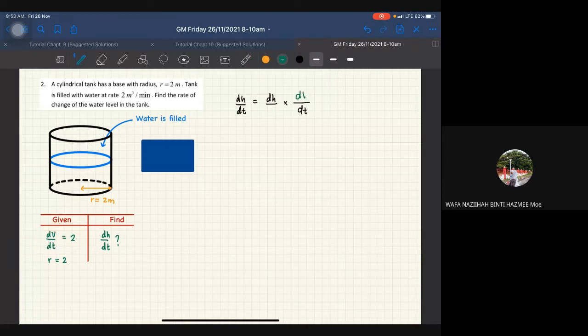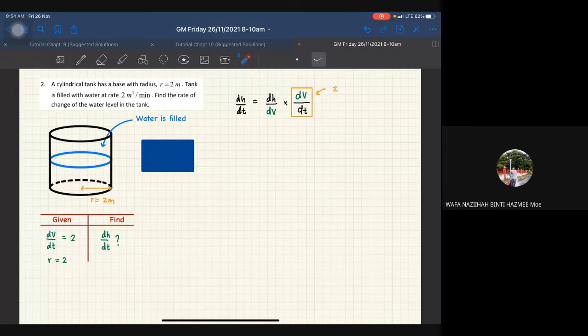So kita nak cari dekat sini rate of change of H with respect to V. Okay, so basically daripada sini apa yang awak kena buat adalah you need to find a formula that relates height and also volume. Okay, so kita akan gunakan formula of volume of cylinder. So volume of cylinder is pi r square H. So from here you can find dV dH.